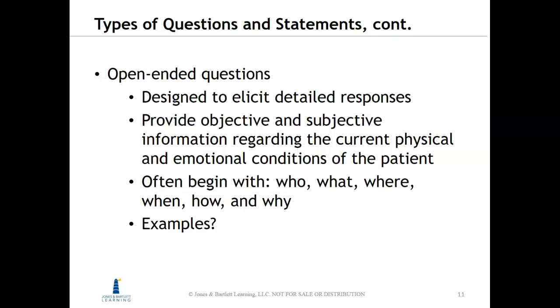Open-ended questions are designed to elicit detailed responses. They provide objective and subjective information regarding the current physical and emotional conditions of the patient. These questions often begin with who, what, when, where, how, and why.